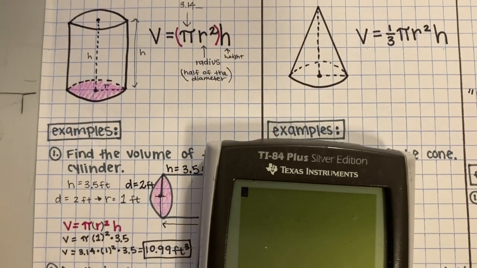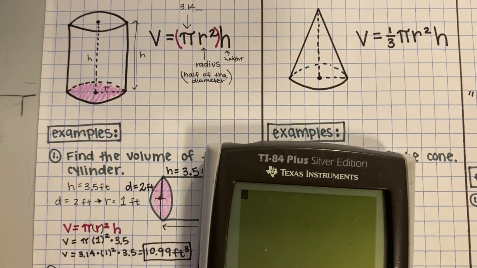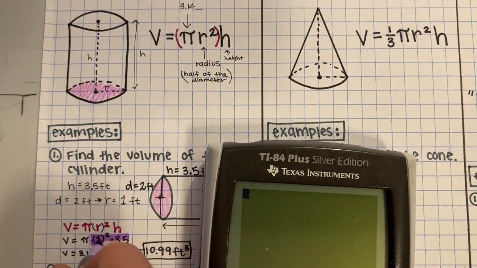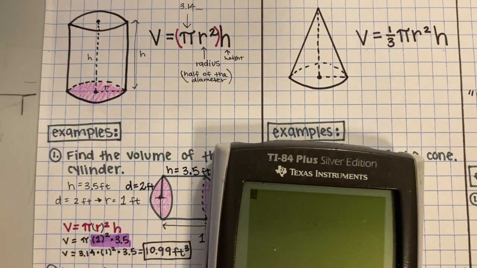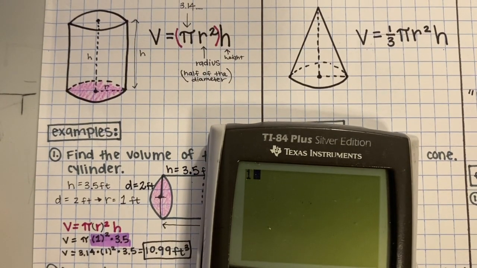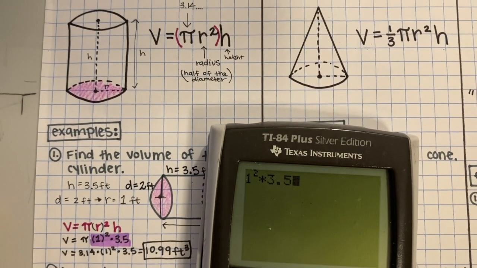Or they can ask you to leave it in terms of pi. What that means is all you're going to multiply is everything in your equation except for the pi, because you're just going to put the pi on the end. So I would do 1 squared times 3.5.